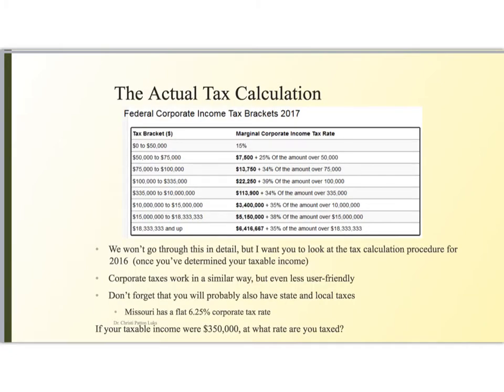If you want to do an actual tax calculation in the U.S., you need to look at the IRS rules. Now, this is the 2017 table. I recommend that you look at your own personal taxes and actually analyze how those taxes were calculated.